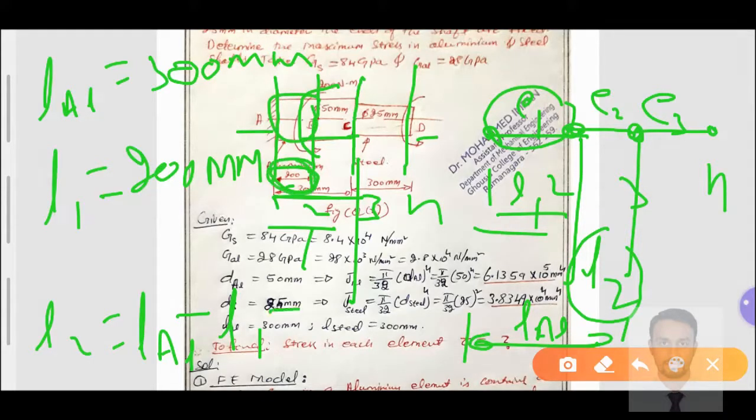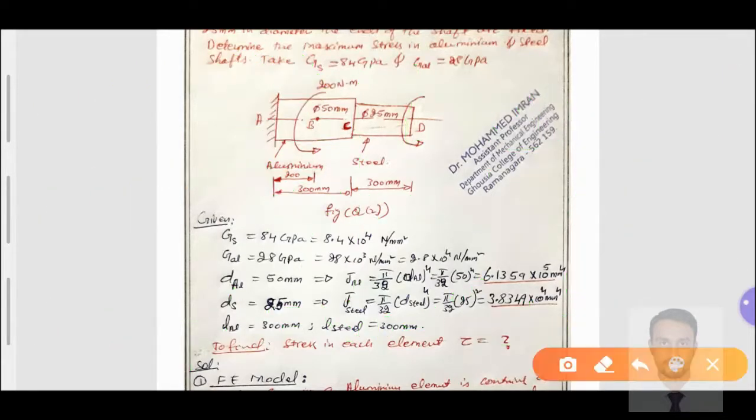This is L2, which is the total length 300 minus 200. We have L2 equal to 100 mm. Similarly, next L3 is equal to 300, from C to D. Only this we have to take care of while taking the length of the element.